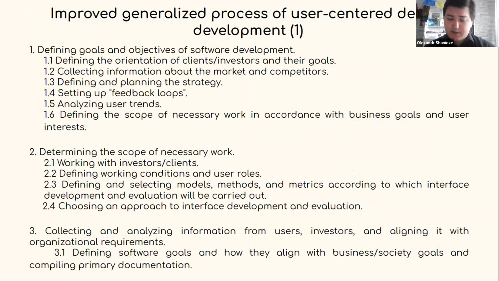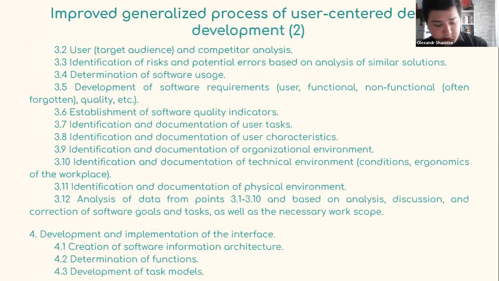The study found that the stages of user interface design for different types of software varied considerably. Accordingly, in order to facilitate the process of selecting technologies, models, methods, and metrics for interface development and evaluation, the study summarized existing processes.